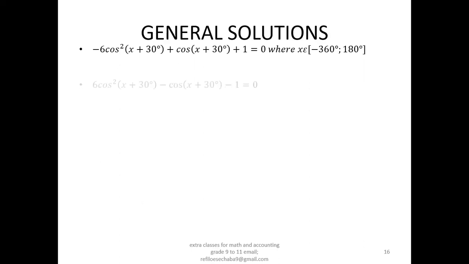Try this one out as well. Similarly here, you can let x plus 30 degrees be theta. And once you have solved for theta, substitute x plus 30 degrees where there is theta and solve for x.